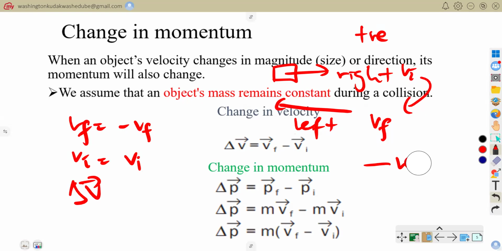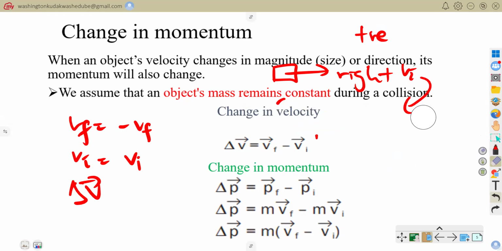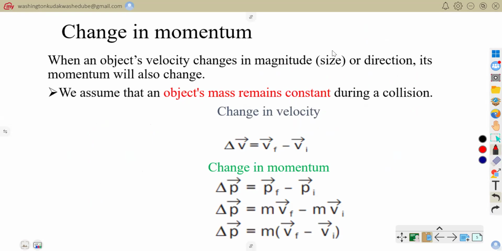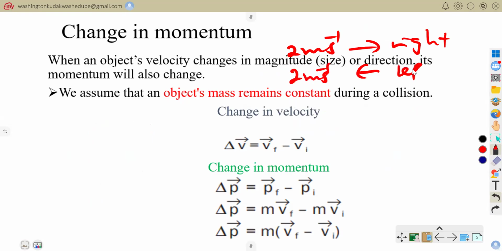Let me give a practical example. Let's say a car is moving at 2 meters per second towards the right, and then it turns and starts moving at 2 meters per second towards the left. What becomes the change in velocity?